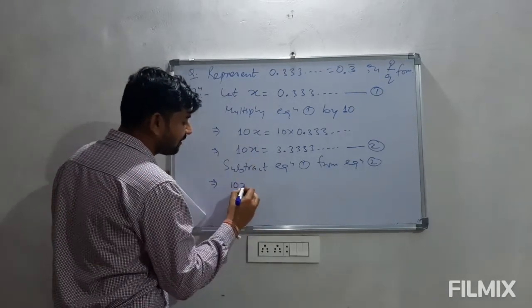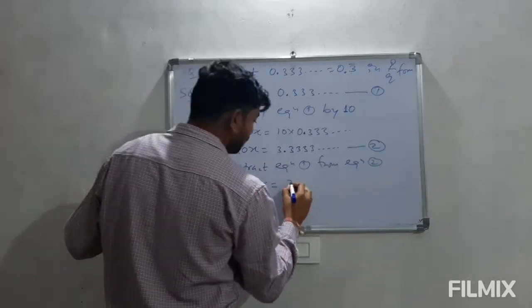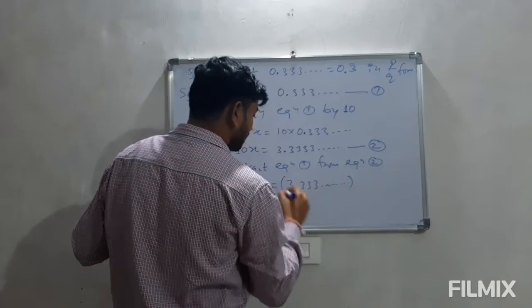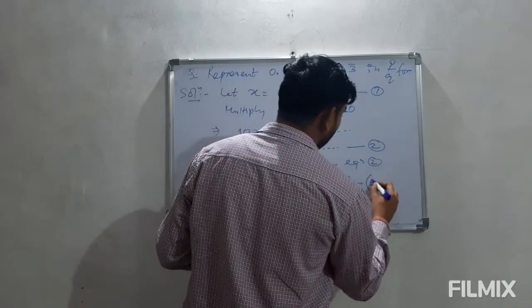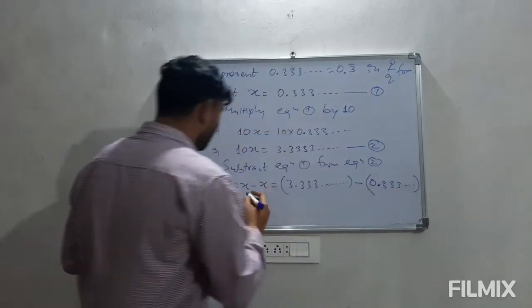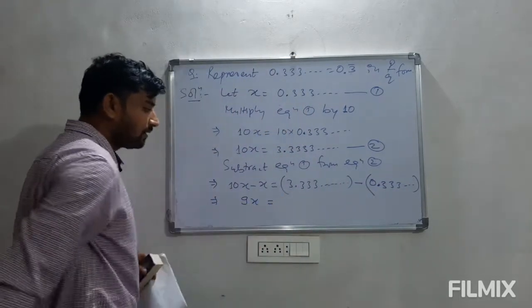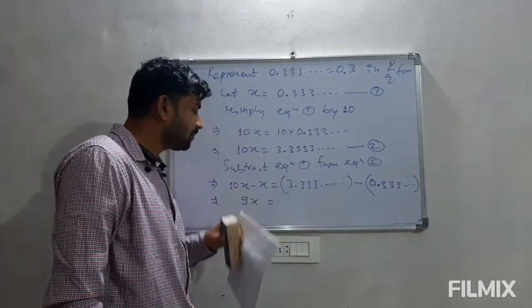So we may write 10x minus x is equal to 3.333 minus 0.333 and so on. Now look at this, LHS is very simple: total 10x are there, if we subtract 1x from here, we get 9x.